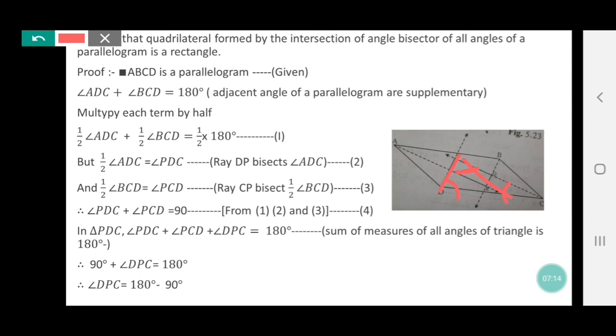Obviously the vertically opposite angles will be congruent to each other, right? So as angle DPC is 90 degrees, this angle is 90 degrees, fine.